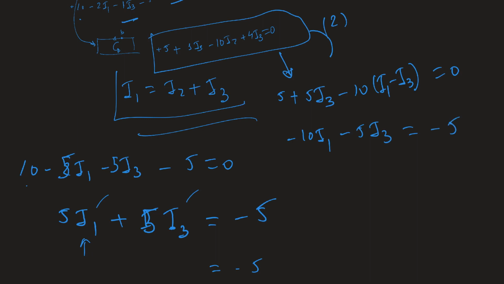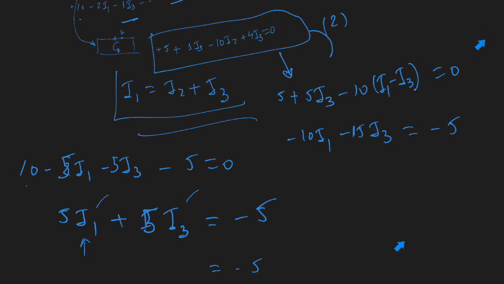Let me review it. Minus 10I1, plus 10I3 plus 5I3 is 15I3, equals minus 5.